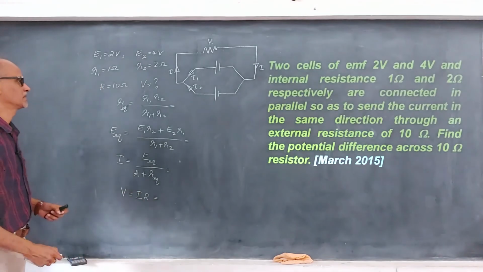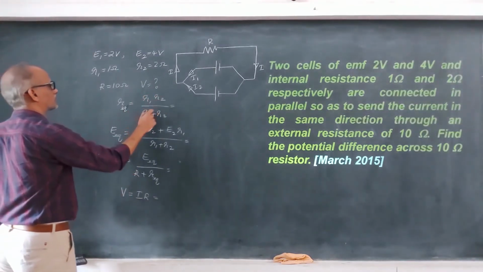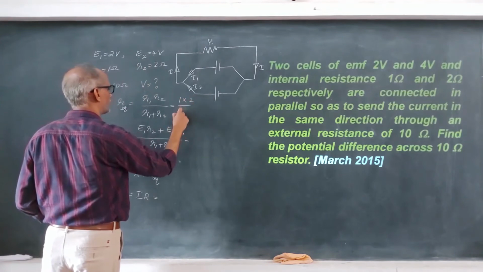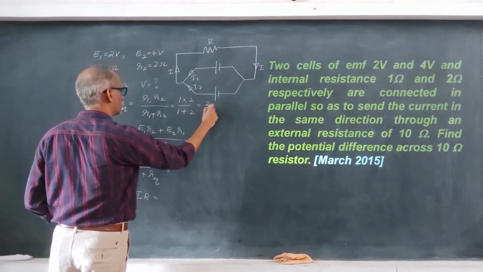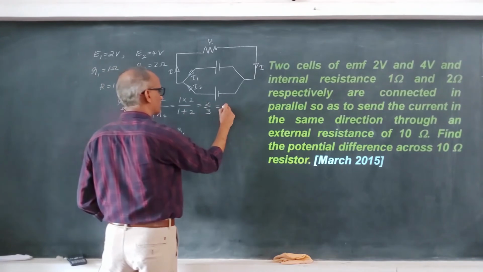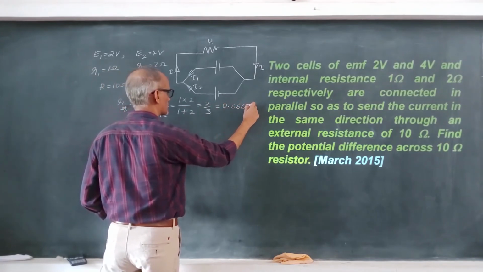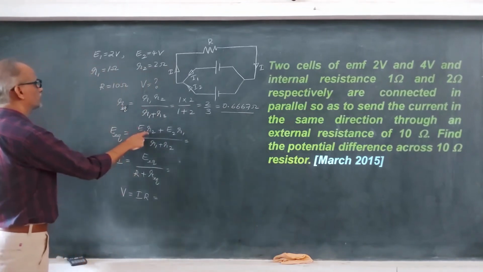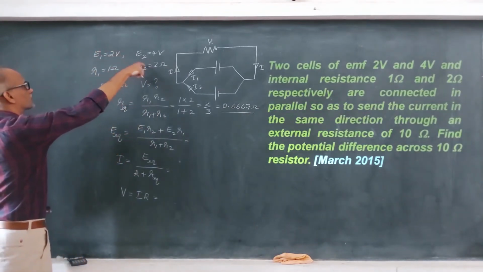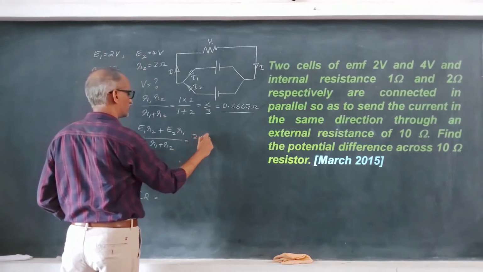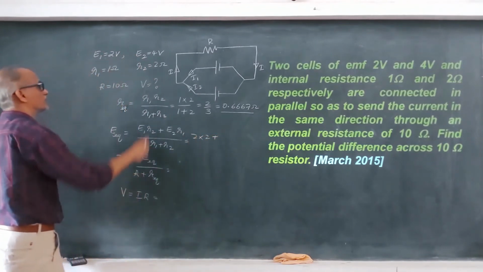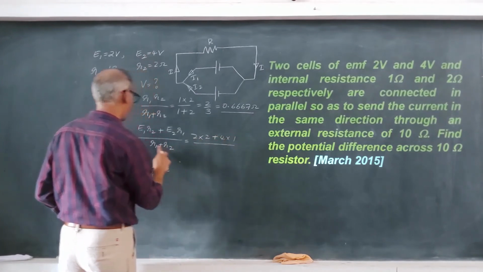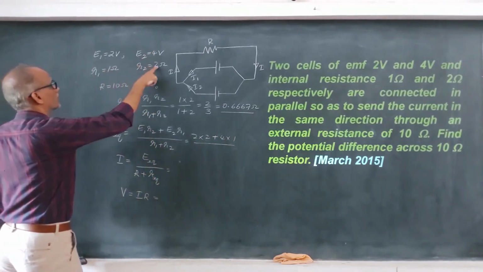So, let us simplify this now. R1 into R2 by R1 plus R2, which is 1 into 2 by 1 plus 2, that is 2 by 3. 2 by 3 will give 0.6667 ohm. Now, E1 into R2, that is 2 into 2, plus E2 into R1, 4 into 1, 4, by R1 plus R2, 1 plus 2 here.